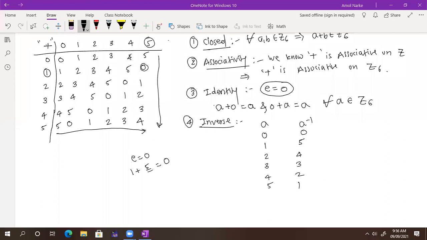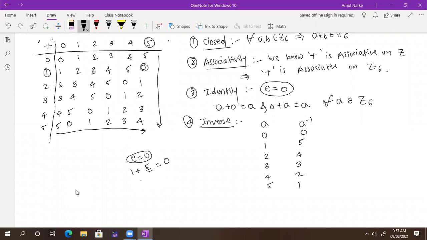Sir, can you tell how 5 came as the inverse of 1? I actually got disconnected. Tell me, what is the definition of inverse? For inverse, the identity is 0, correct?